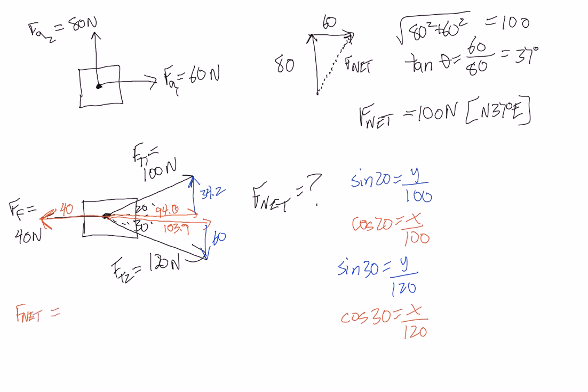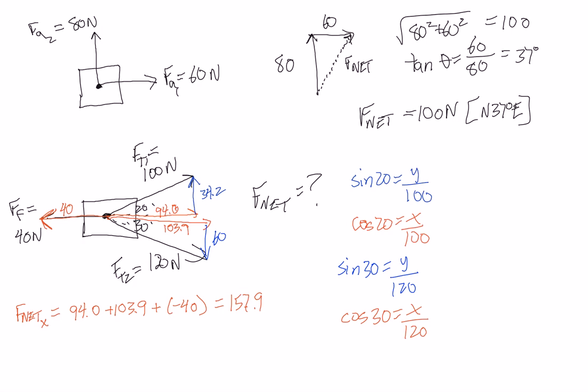So our net force horizontally, in the x direction, will be 94.0 plus 103.9 and negative 40. Adding all those gives us 157.9. So we have 157.9 newtons of force horizontally, and because it's positive, it goes to the right.